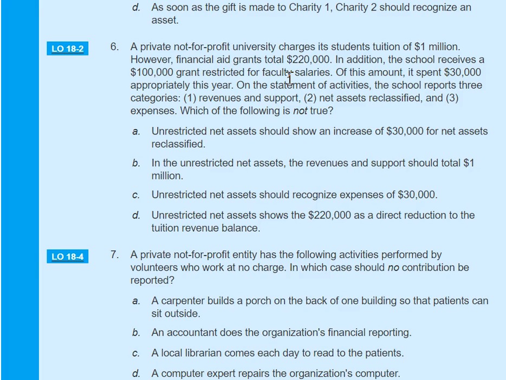We actually saw this example. If you remember, if you go back and check page number 835, if there is any financial aid that a private school is giving to its students, that is shown as a direct reduction to their tuition revenues. So they should not show this total $1 million as their revenue and support.